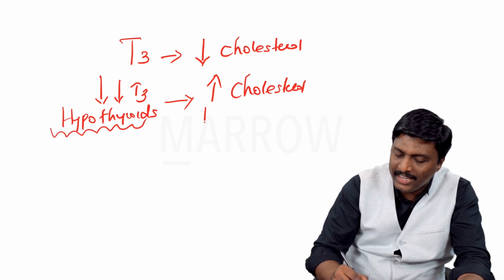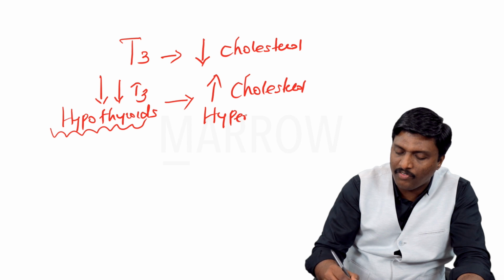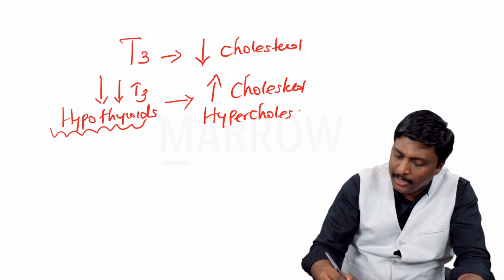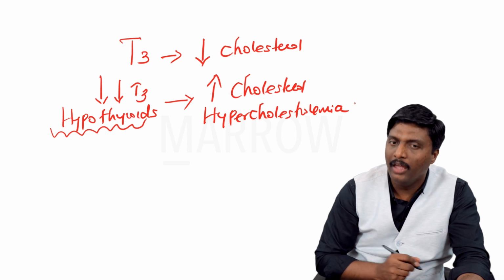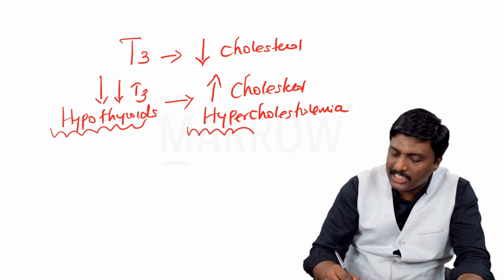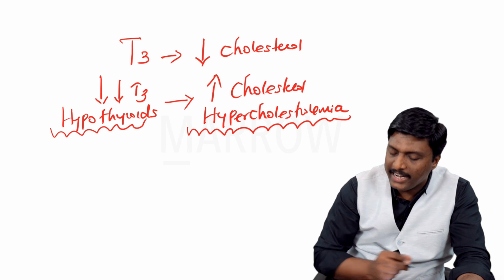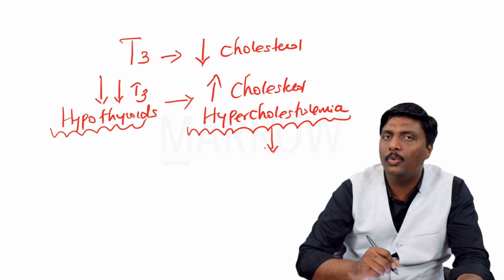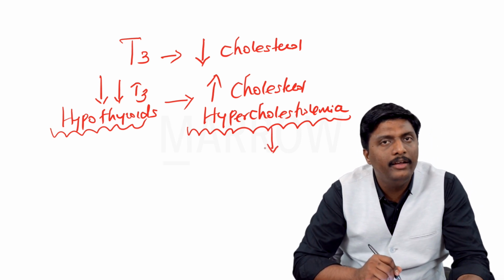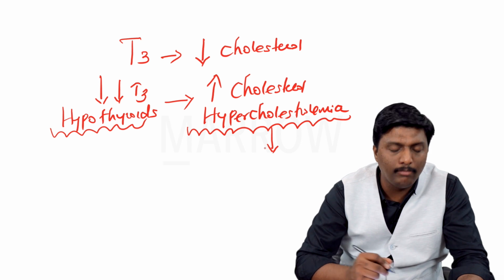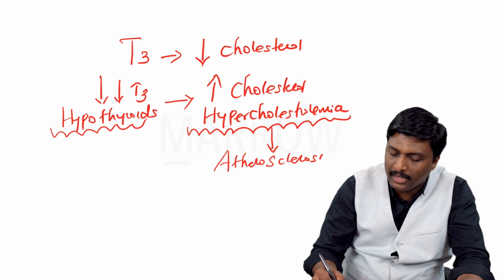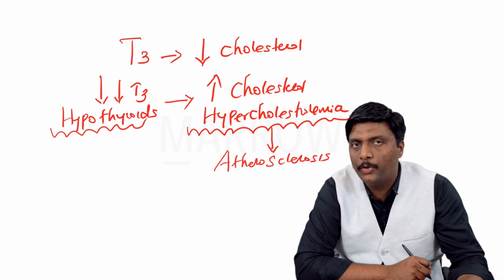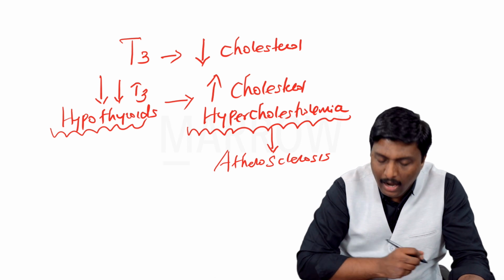Hypothyroidism is always characterized by, never forget for your life, hypercholesterolemia. Very important MCQ. Hypothyroidism is characterized by hypercholesterolemia. It is not just a simple point to write, understand deeply. This cholesterol depositing in blood vessels ultimately is going to cause one important serious disorder that can cause death: atherosclerosis and other heart diseases.